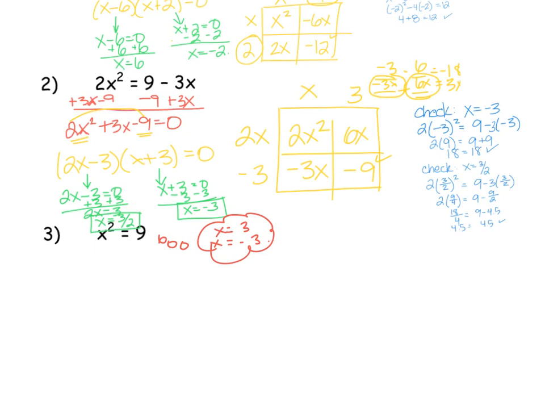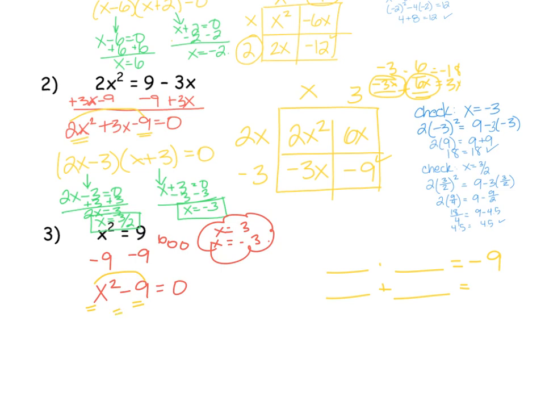If I subtract 9 from both sides to set this equal to 0, I get x squared minus 9 equals 0. I'm then ready to factor. In my factoring step, I don't have a GCF, so I'm going to have to do the box method. I'm going to multiply 1 times negative 9 to get negative 9, and then I need 2 numbers that add to my x term.